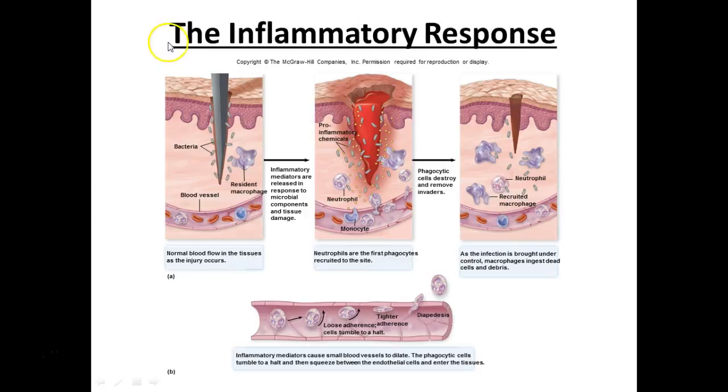Yeah, something got in. So we want to be able to get there to defend. The blood flow is going to increase, but these cells actually have to know that this is where they need to exit. How do they know that? The little sensors tell them.